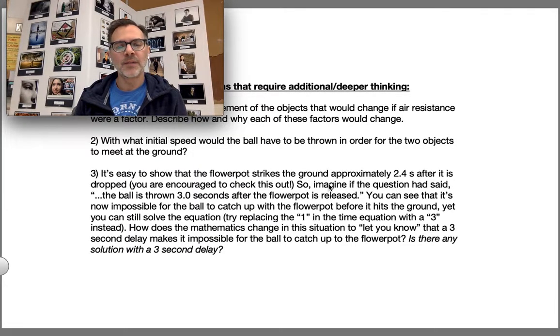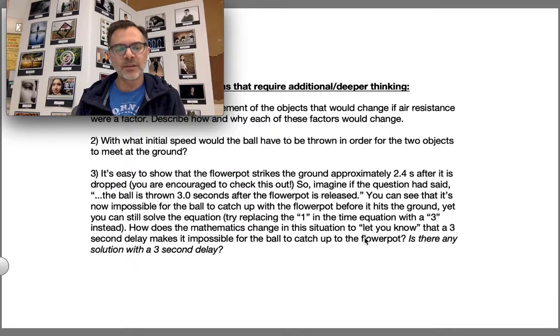But if you try that number in the equation and you set it up with a number of 3 seconds, not a 1 second delay, you actually still get an answer mathematically. That's because the equations don't know that there's a ground. They just think this is acceleration due to gravity forever. Objects just keep on going.